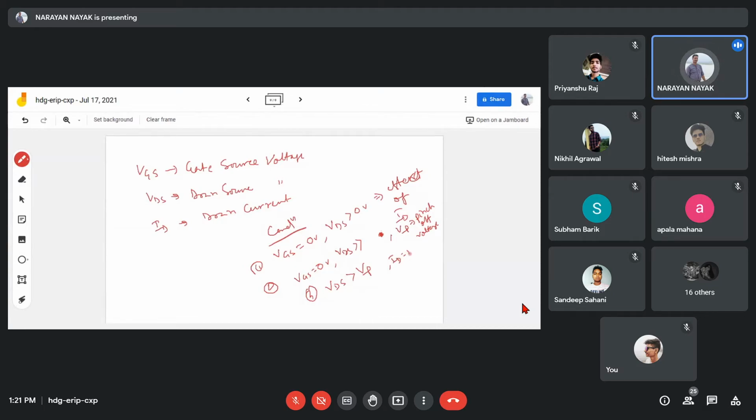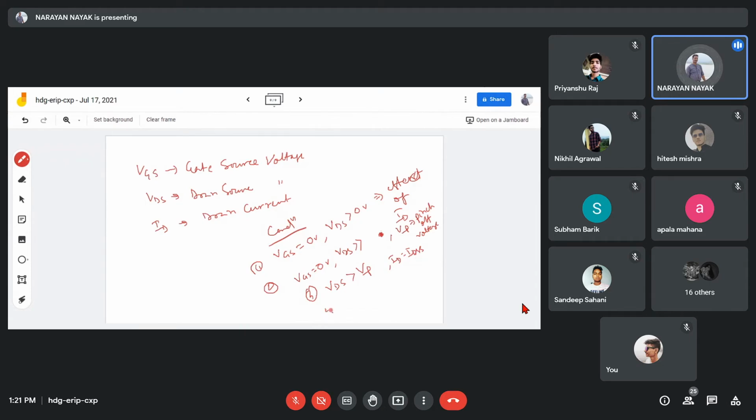The drain current you get is IDSS, that is your saturation drain current. So ID is equal to IDSS.